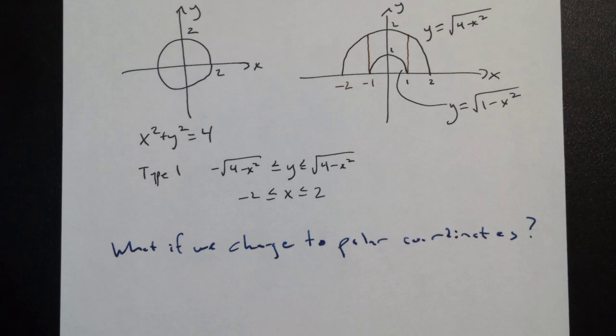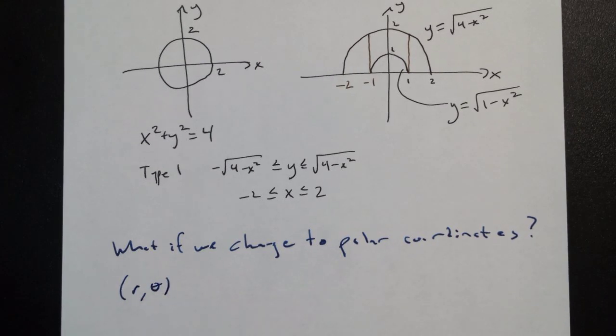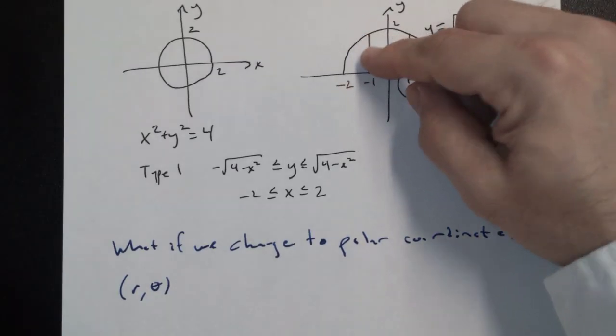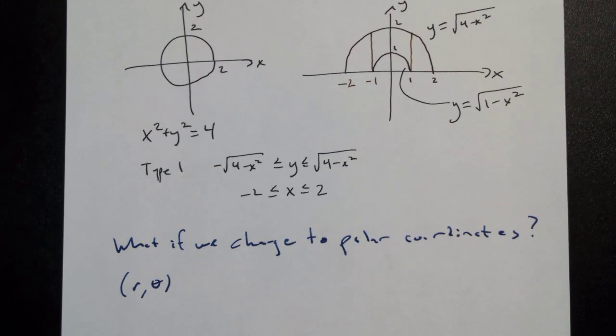Polar coordinates are r and theta. So now I think about the way I'm slicing this up differently. Instead of first making a little box, moving it up and down, that's dy, and then moving that strip of boxes to the left and right, that's dx, I want to build my strip of boxes in these variables.